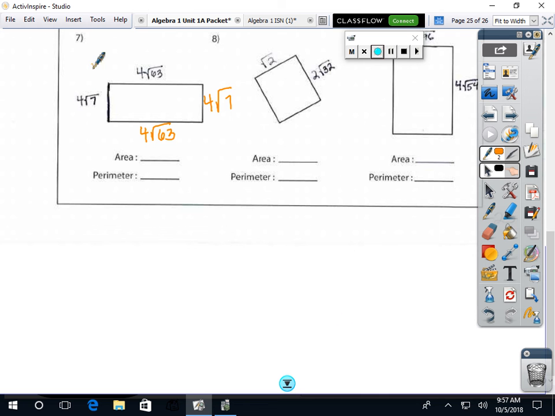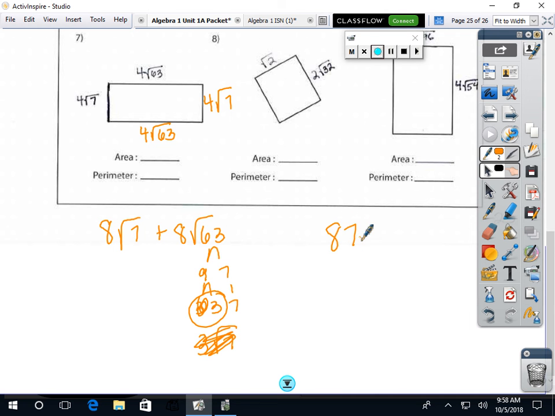So don't you have 8 square roots of 7 when you add them together, and then 8 square roots of 63? Well, this one will simplify. 9 times 7, which is 3 times 3 times 7. Circle, kill, kick out, put back in. Don't forget about the 8 that will now make that 24, right?